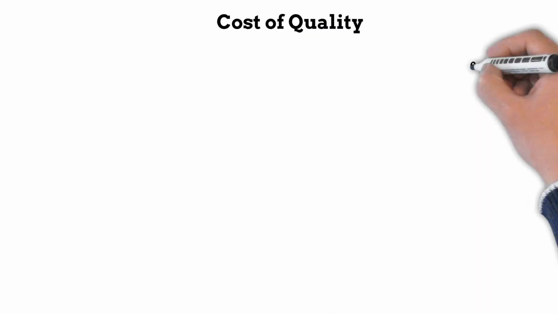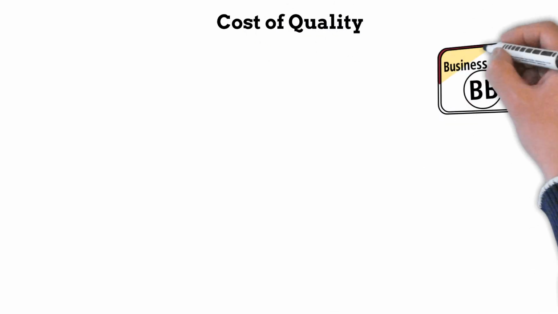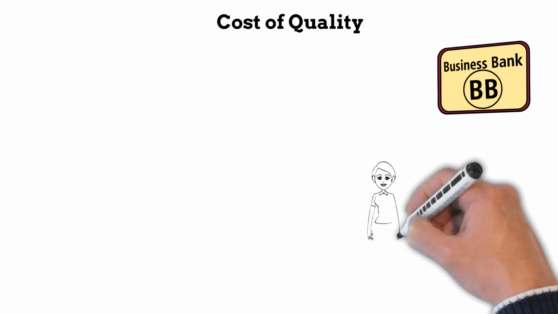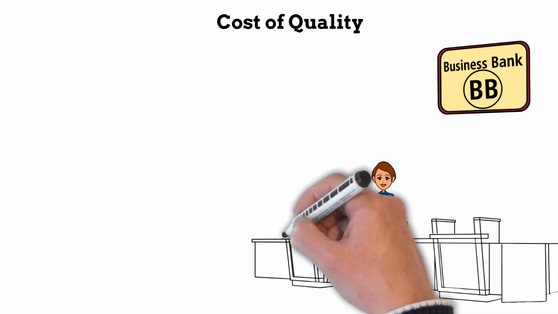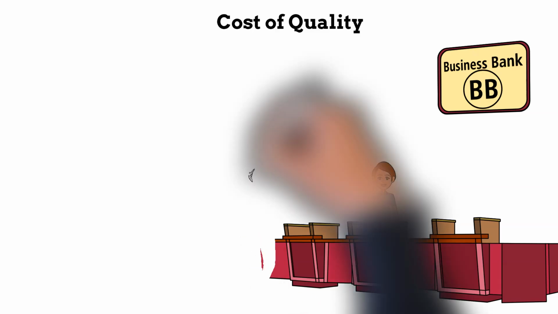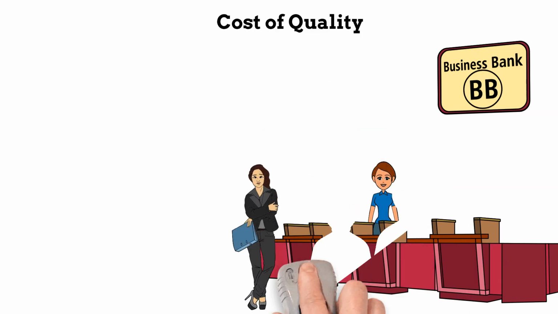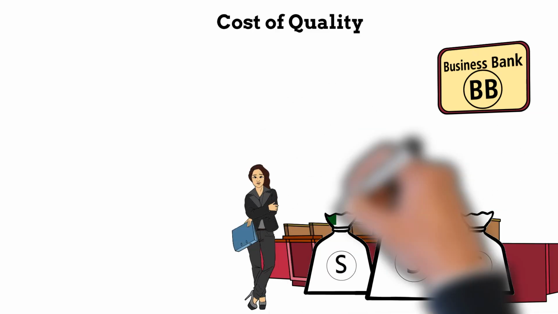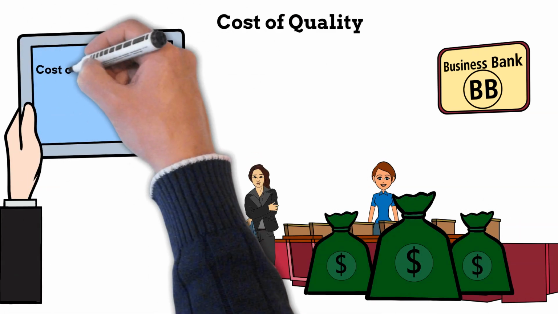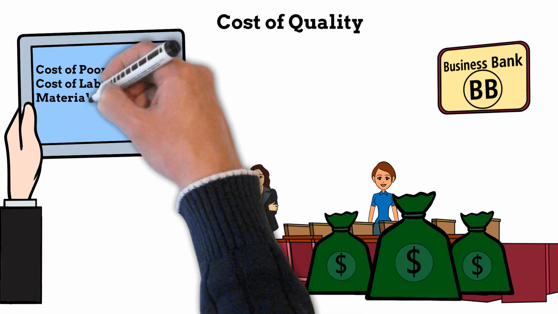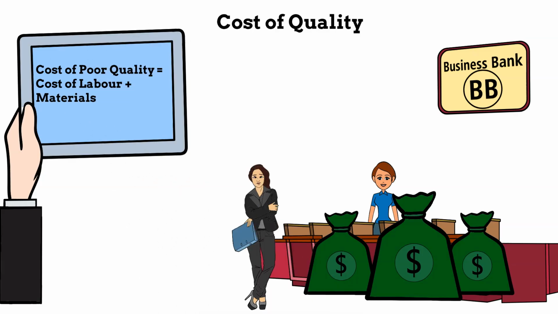Cost of quality. Let's start by talking about cost of poor quality. And why should we think about quality at all? And why should we learn about quality management? Well, from the practical point of view, quality comes at a cost. And the cost of bad quality is the total cost of labor to fix defects plus the cost of materials for rework.